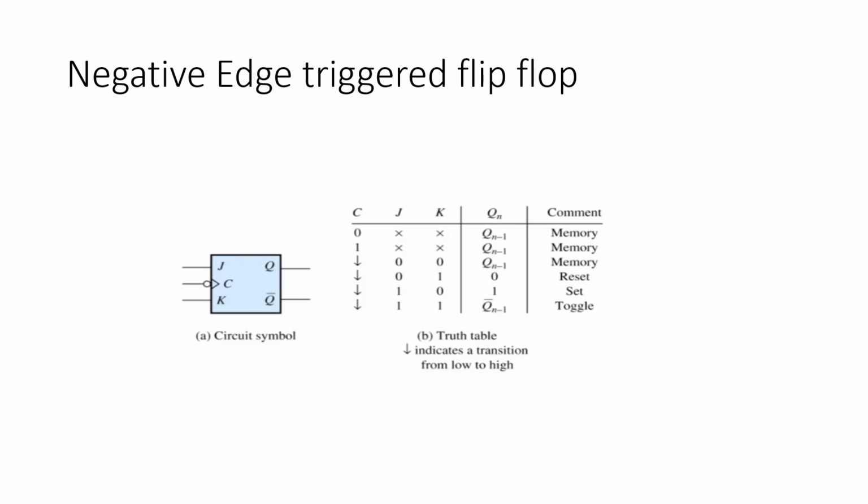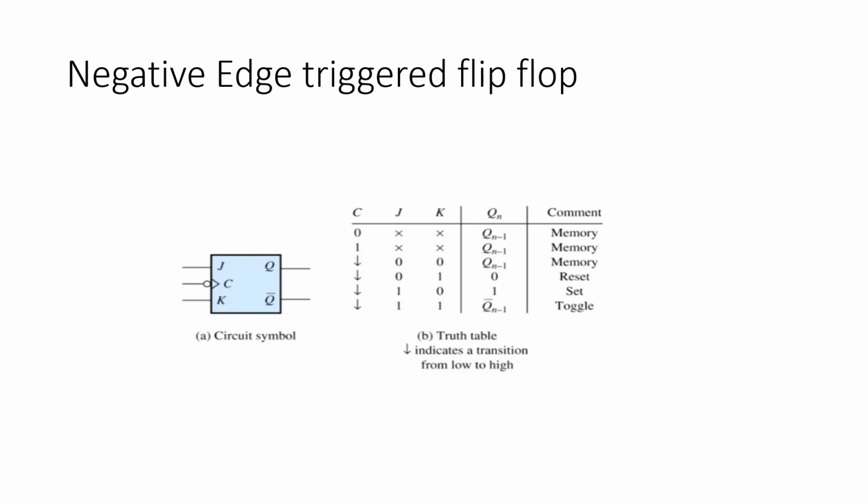When you observe the truth table, when clock changes from 1 to 0, only during this falling edge does the flip-flop update its output. Initially Q is equal to 1, clock falls from 1 to 0. If D is equal to 0, then Q becomes 0. After that, changes in D have no effect until the next falling edge.